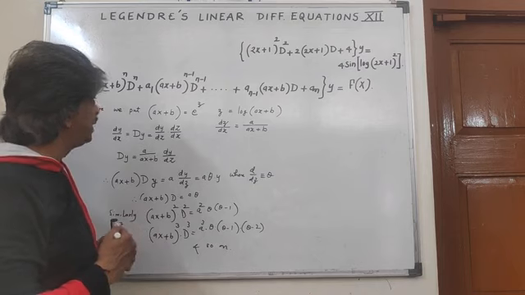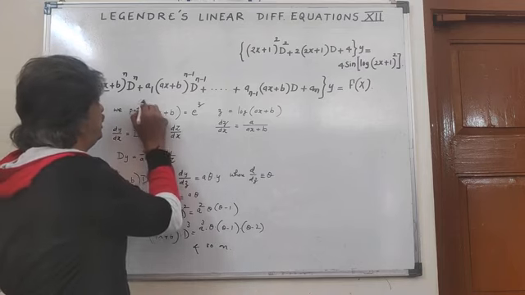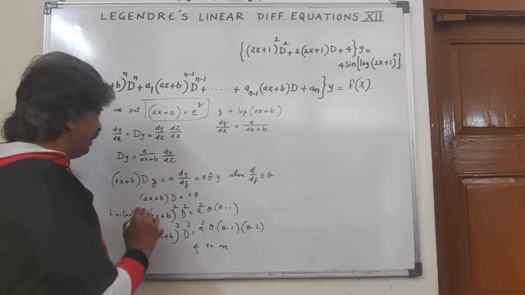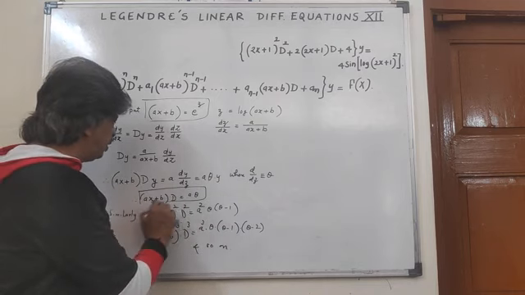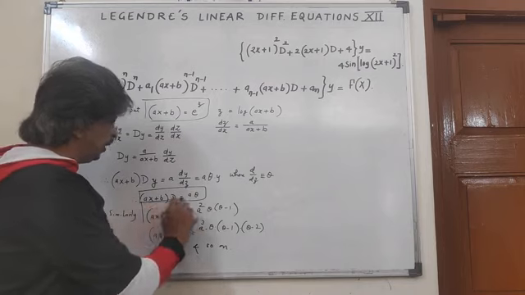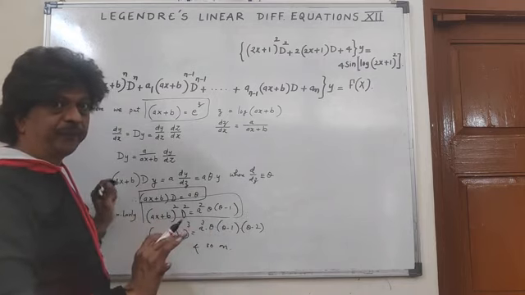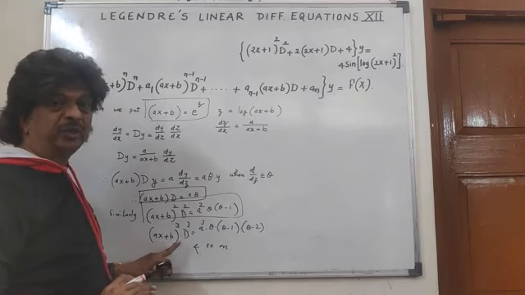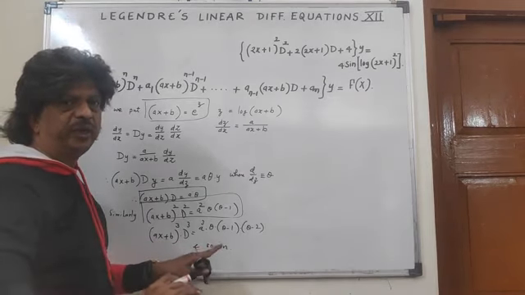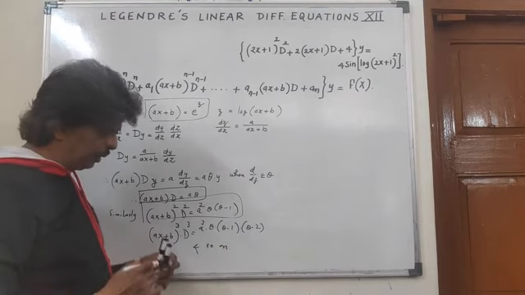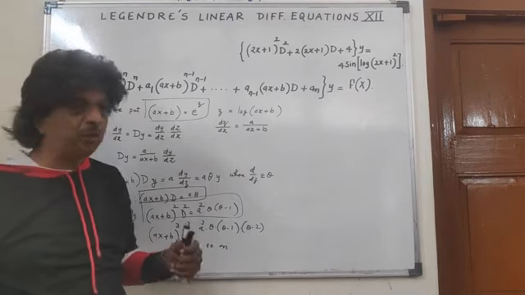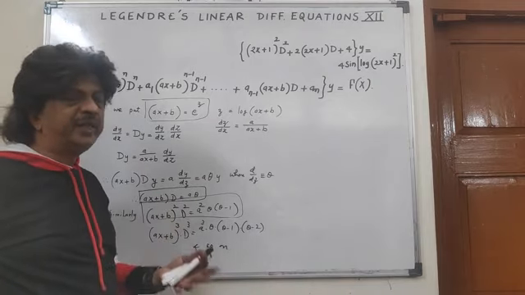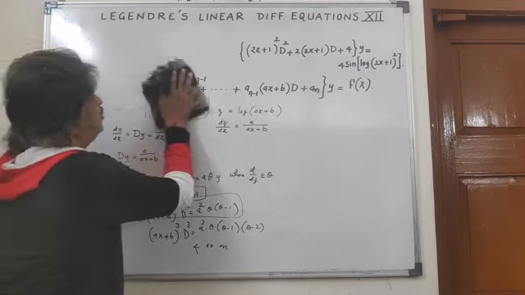Now, you need to remember this substitution. Put ax plus b equal to e power z, so that ax plus b times D is equal to a theta, ax plus b whole square D square is equal to a square theta into theta minus 1, ax plus b whole cube D cube is equal to a cube theta into theta minus 1 and theta minus 2. Simply, if you remember this, you can easily solve any given Legendre's linear differential equation.